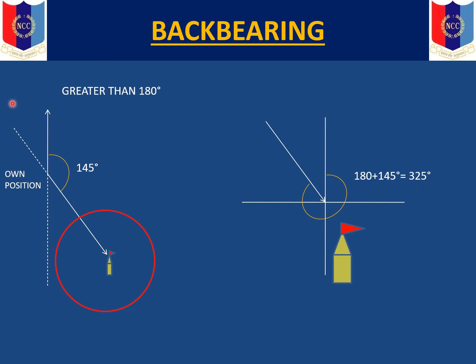It is less than 180 degrees. So if the magnetic bearing is less than 180 degrees, you add 180 to the fore bearing, and you get the back bearing at that place. 180 plus 145 is equal to 325 degrees, which is the bearing you would get if you physically move towards the temple and take a magnetic bearing from this place.